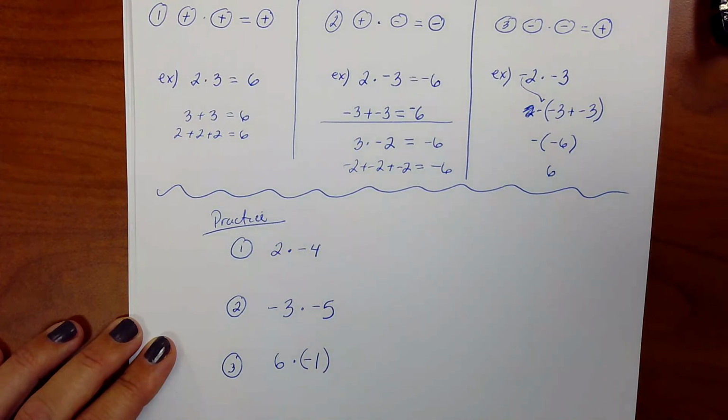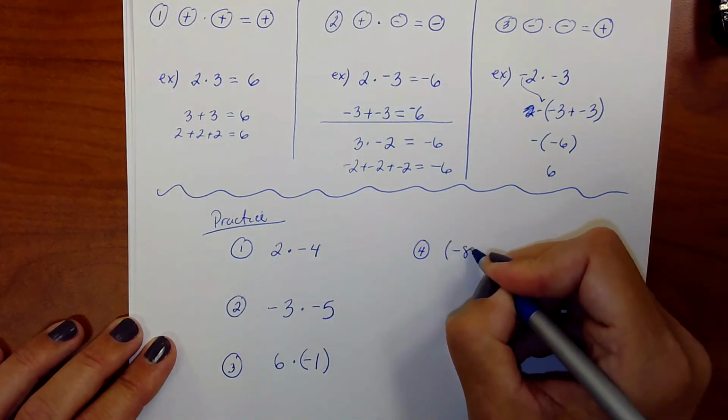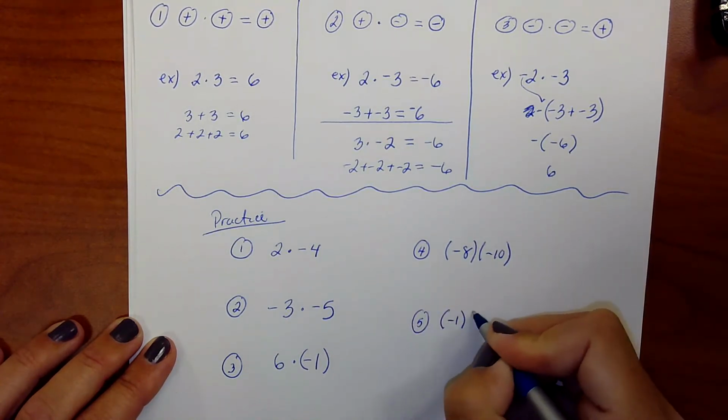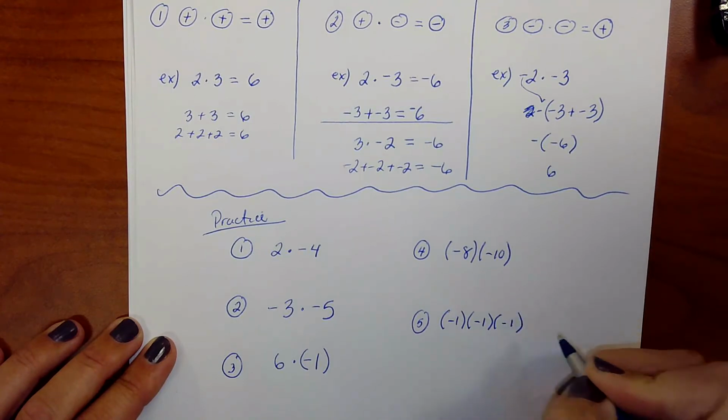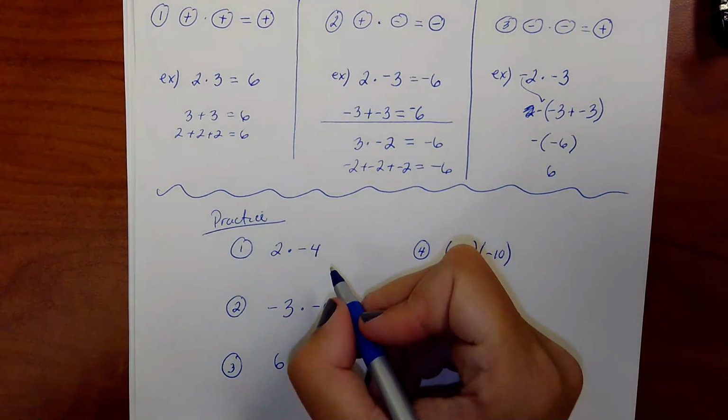Sometimes they put the parentheses. Negative 8 times negative 10. And how about this one? Negative 1 times negative 1 times negative 1. All right, we'll pause and you guys can try this.